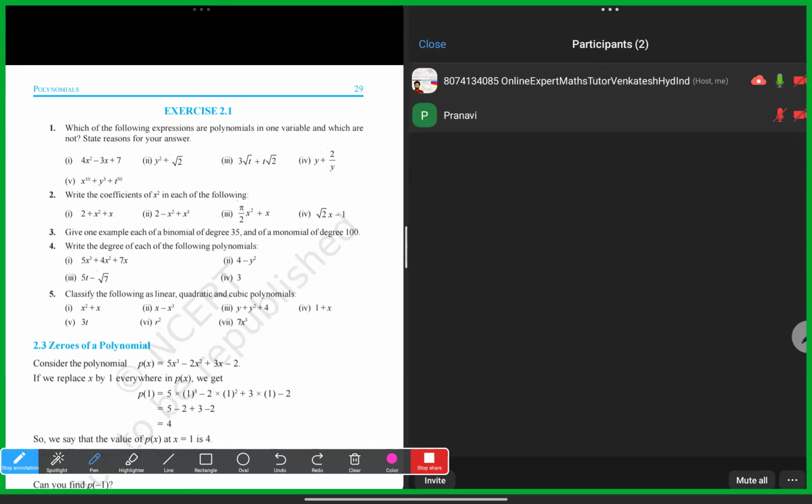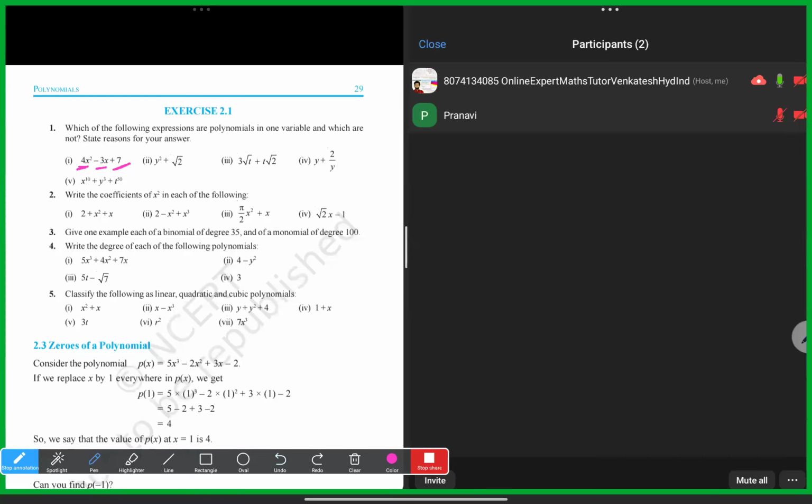So first one, if you observe Pranavi, in all three terms the variable power is positive only. If you want, we can add beside 7, x power 0, no Pranavi?